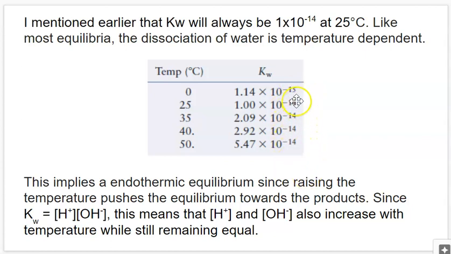And since the value is getting bigger, not by much, we could still infer that this is an endothermic equilibrium. Adding more heat to it is going to increase the amount of H plus and OH minus that is produced in the solution. And since they are always going to be equal to each other in a neutral water solution, even though the H pluses and OH minuses are increasing, they're still going to remain equal and they're still going to be neutral.